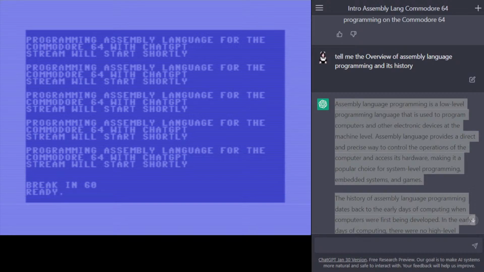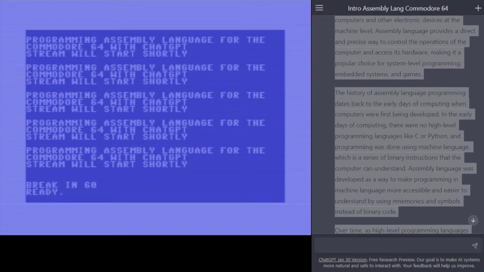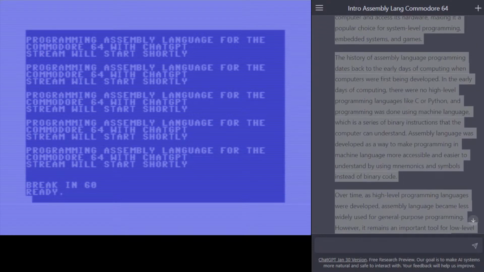Assembly language programming is a low-level programming language that is used to program computers and other electronic devices at the machine level. Assembly language provides a direct and precise way to control the operations of the computer and access its hardware, making it a popular choice for system-level programming, embedded systems, and games. The history of assembly language programming dates back to the early days of computing, when computers were first being developed.